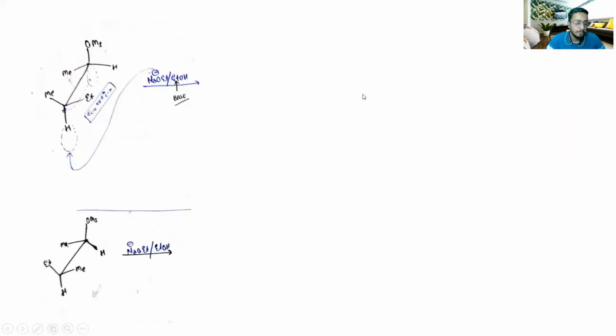Now we will see some examples based on beta elimination. In this example we have an OMs leaving group, therefore it will go with nucleophilic substitution reaction. And the carbocation formed after leaving of the OMs group is a secondary carbocation, which is not good.